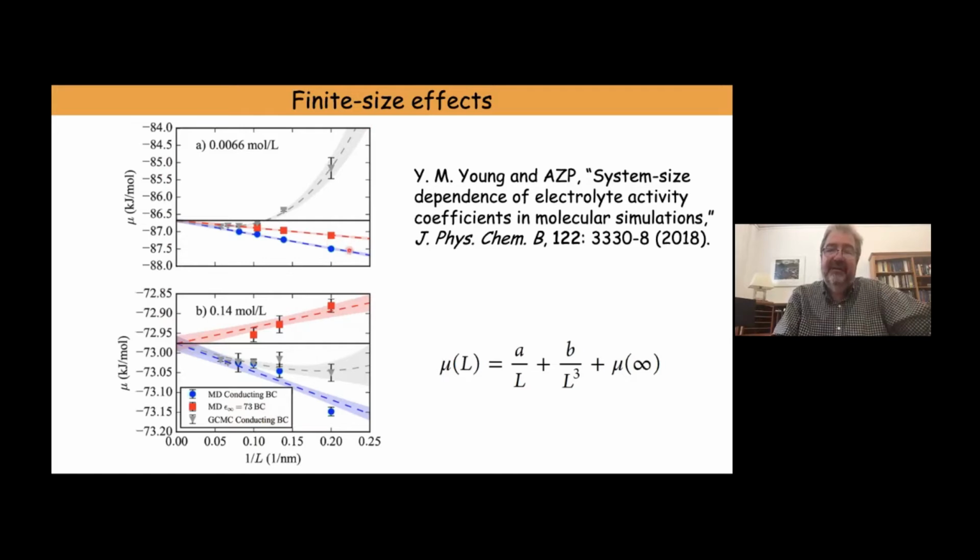All of these different methods are different at finite box size, but they all converge to some infinite system size value if you extrapolate properly. So you really need to do a lot of work to get these calculations properly done, equilibrated, and corrected for finite size effects.